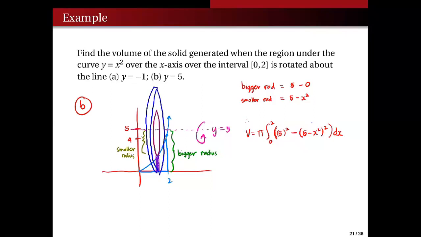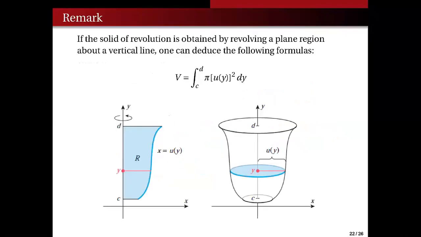Of course, there are some cases where you need to use y as your variable of integration. So if the solid of revolution is obtained by revolving a plane region about a vertical line, one can deduce the following formulas.